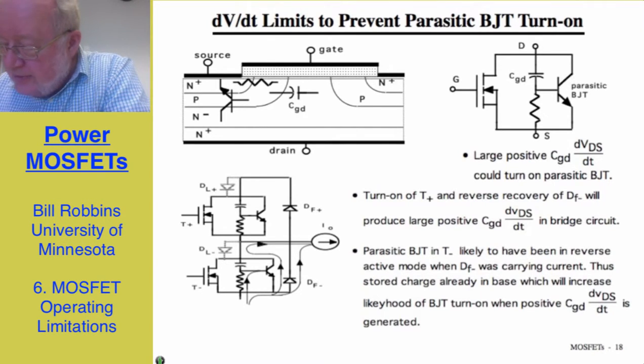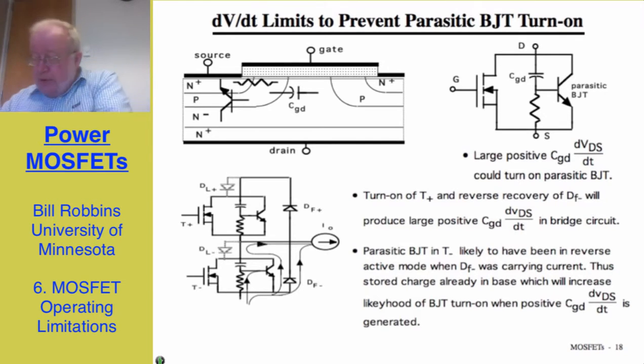Here's the ideal MOSFET, the parasitic BJT, the gate to drain capacitance, and then that so-called body region spreading resistance that connects the base to the source. If we have very large dV/dt between the drain and source, then I'm going to have current coming down the gate to drain capacitance. And if that current is large enough that I get something like 0.7 of a volt across that body region spreading resistance, I could turn on that parasitic BJT, and that's what we're trying to avoid.